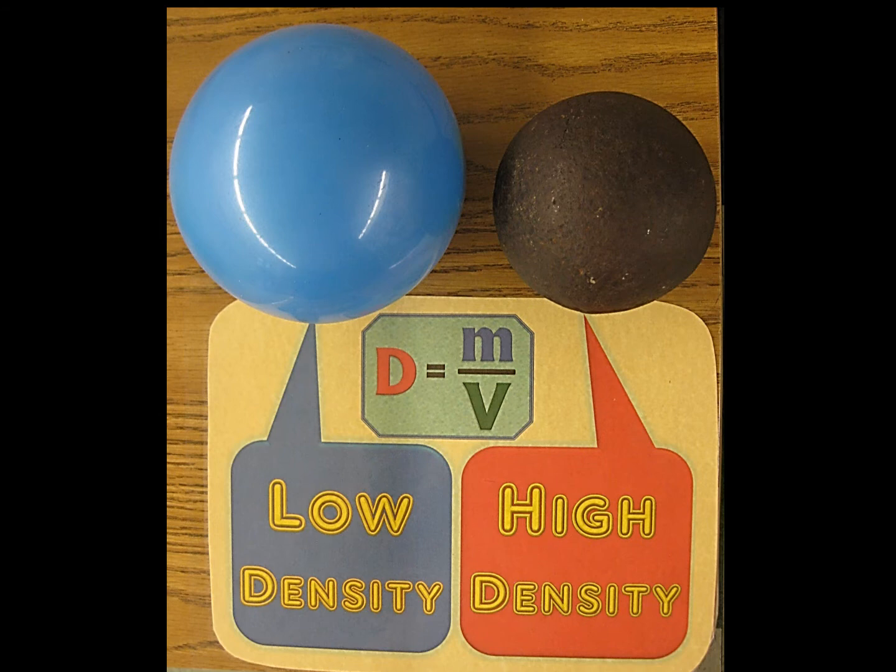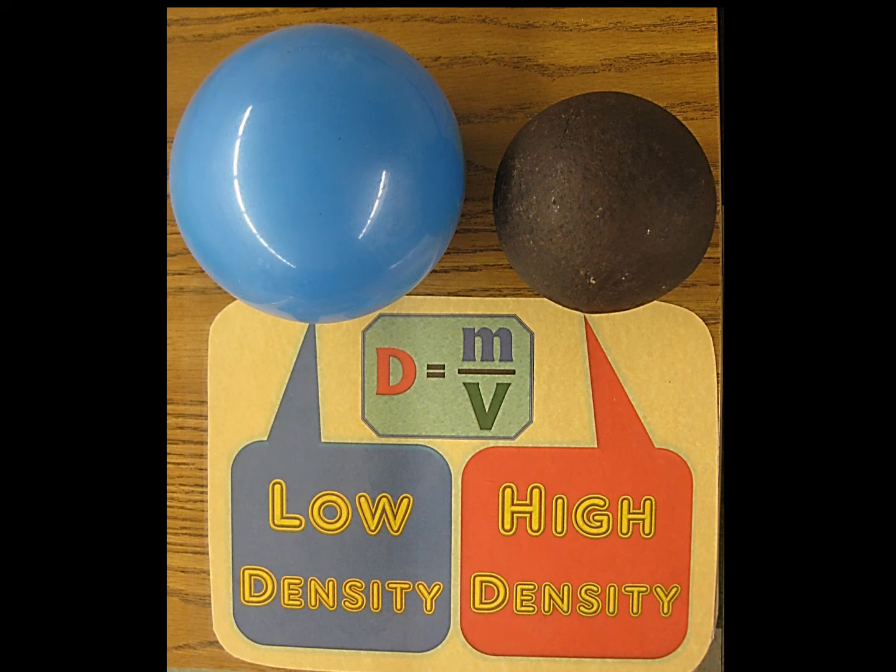So when it comes down to it, the concept of density is actually fairly simple. We have an intuitive sense of density. Just think about it. When you go to pick something up, you sort of expect it to have a certain mass. You're expecting something. So if something has less mass than what you expected, well, that would make it low density, like the inflated blue ball in this picture.